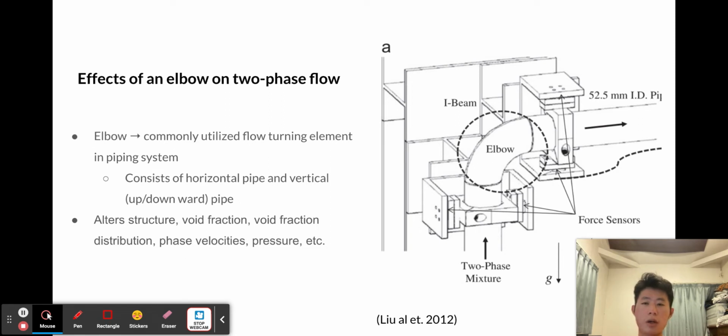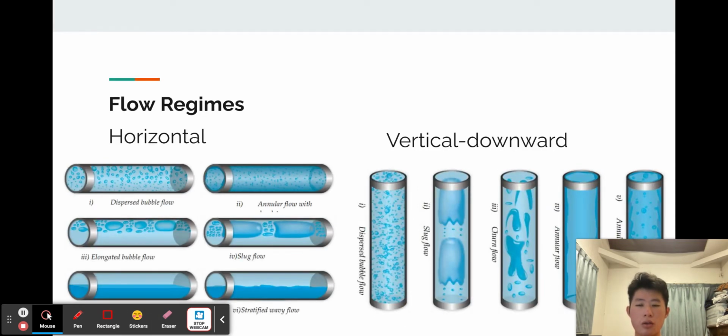So the effects of an elbow on two-phase flow: basically it changes the direction. So it alters the structure, the void fraction distribution, the phase velocities, and the pressure. And there's a lot more hydrodynamic parameters, but these are the most important ones. And so the flow regime, as I mentioned, is the flow structure.